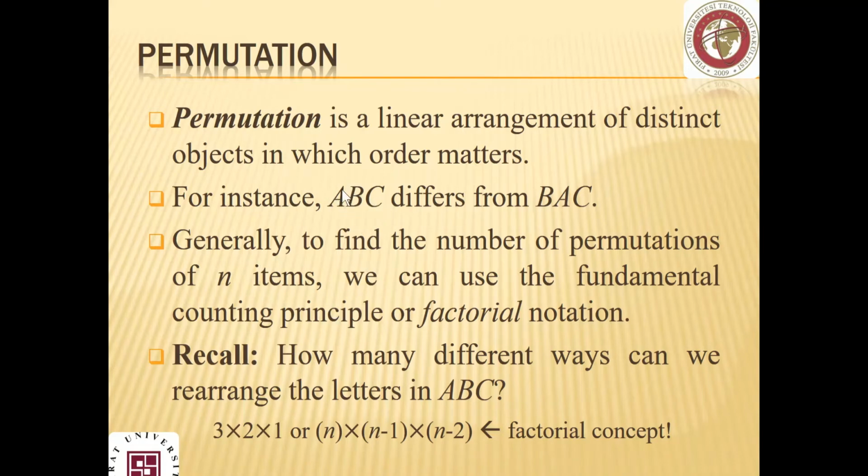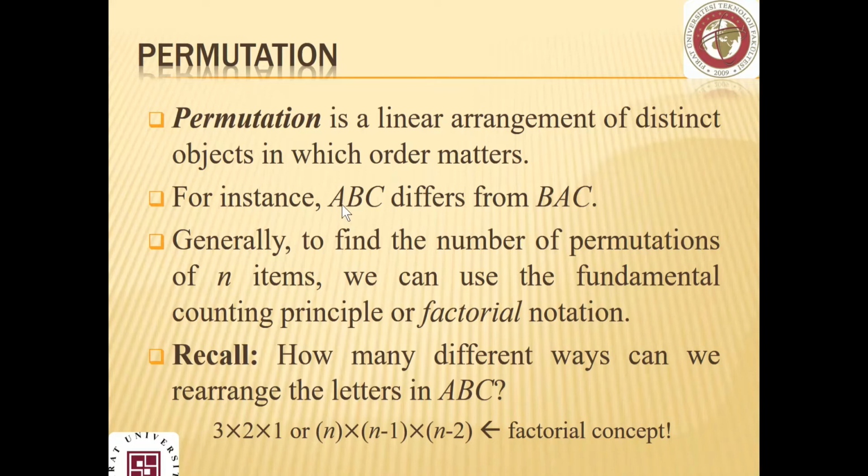Now, how many letters do we have here? The letters we have are A, B, C. These are 1, 2, 3 letters. Okay, so if we want to make them in different arrangements, how many arrangements can we make, based on the permutation here, where the order matters? Okay, order matters. That means BAC is not the same as ABC.